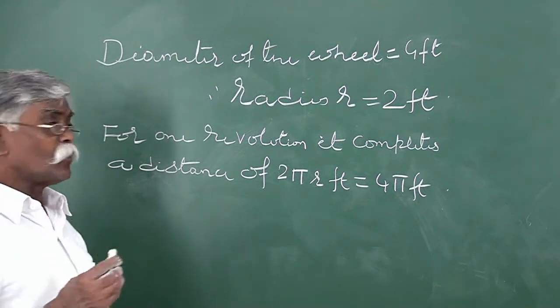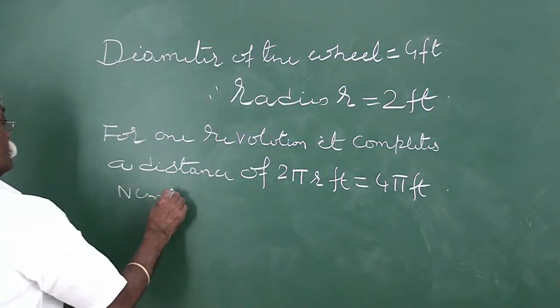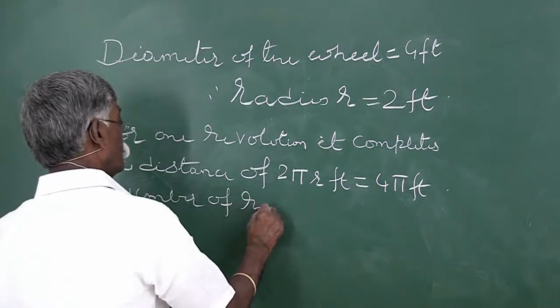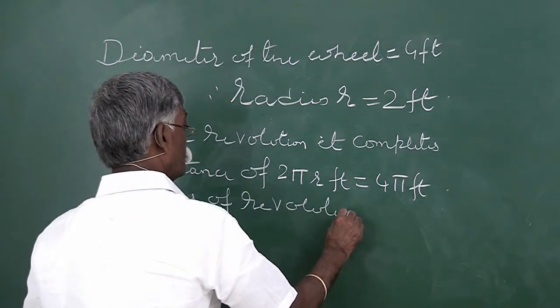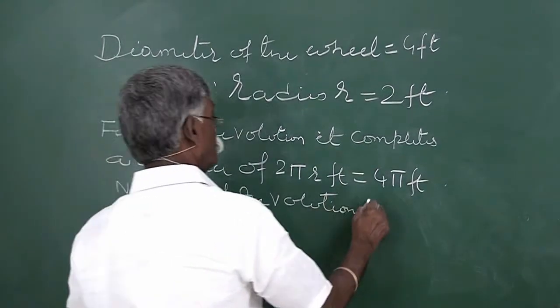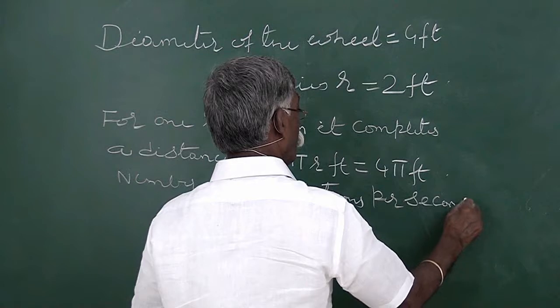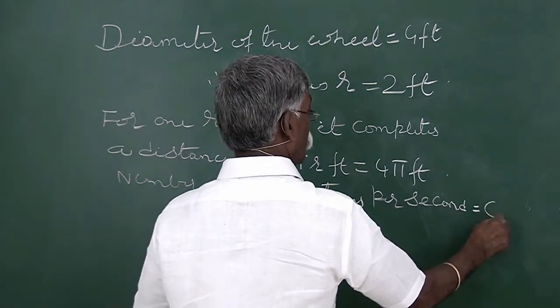The number of revolutions per second is 6.